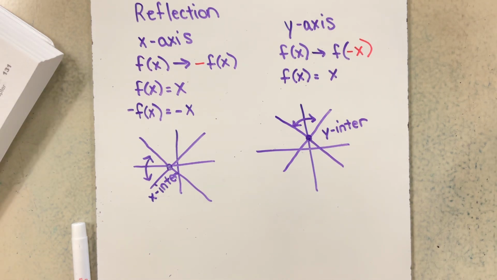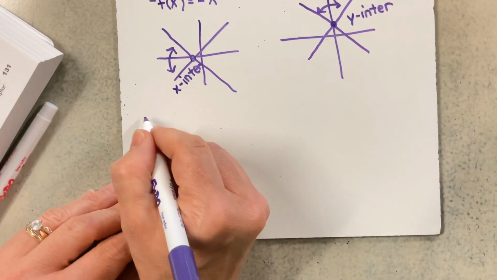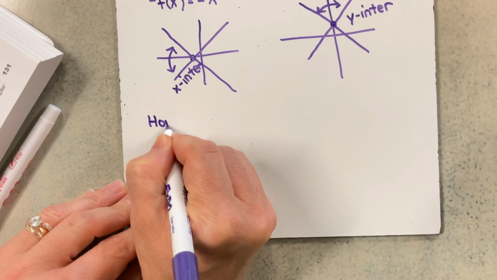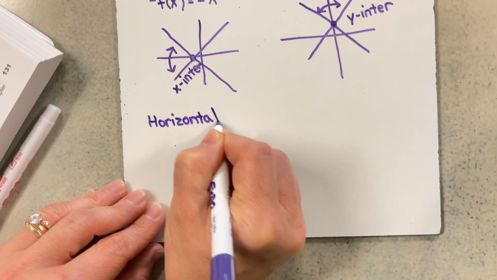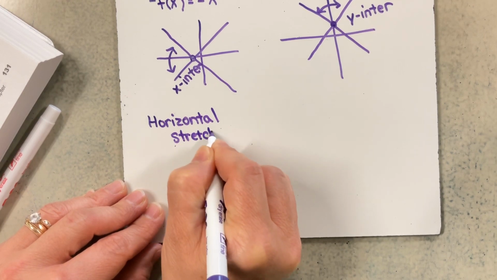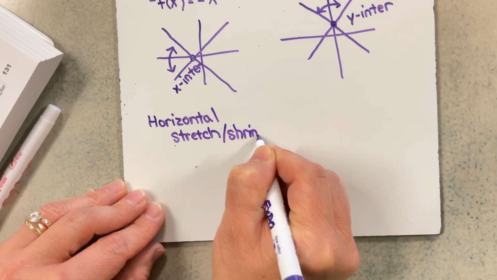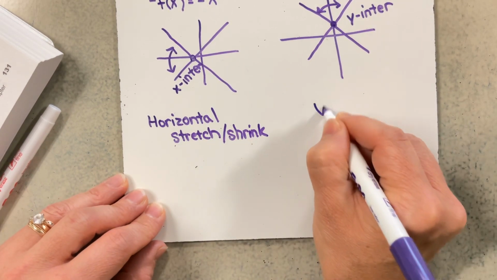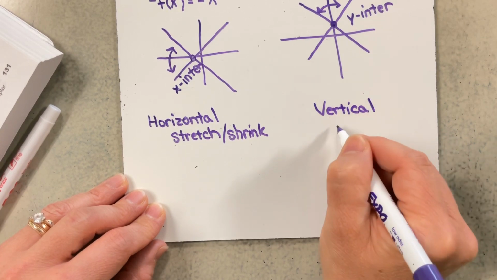There is also something known as a horizontal stretch. So we have a horizontal stretch or shrink. And again, this one is harder to see with the linear functions that we are working on right now. There is also a vertical stretch or shrink.